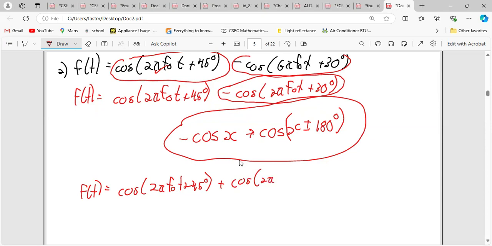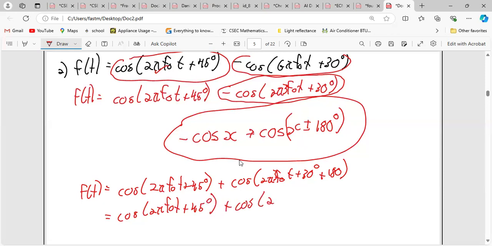So you have 2 pi f naught. Well, it's about 3 here, but when you factorize the 2, you get 3. Right? t plus 30 degrees. Now you have to add 180 to that because of the rule. So you're going to put cos 2 pi f naught t plus 45 degrees plus cos 2 pi 3 f naught t, 180 plus 30 is 210.